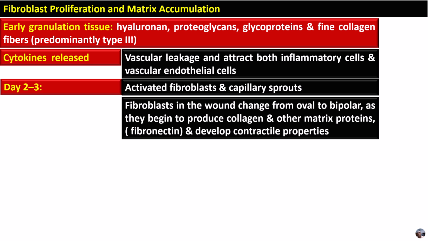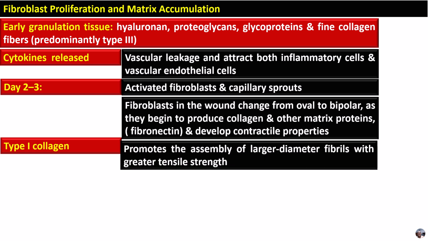Initially, type 3 collagen is secreted in the repair process, and it is in large amount, that is fine reticular fiber for flexible scaffold for the tissue. As the healing progresses, type 1 collagen production overwhelms the type 3, and type 1 collagen forms thicker, stronger fibrils that restore the tensile strength.